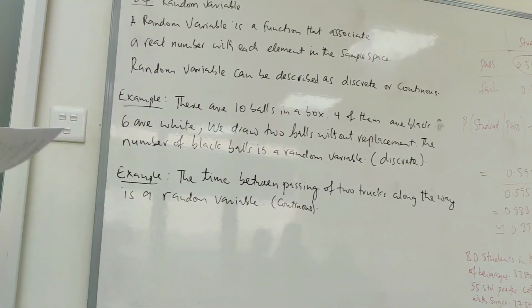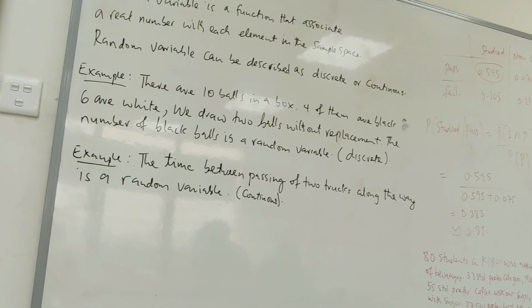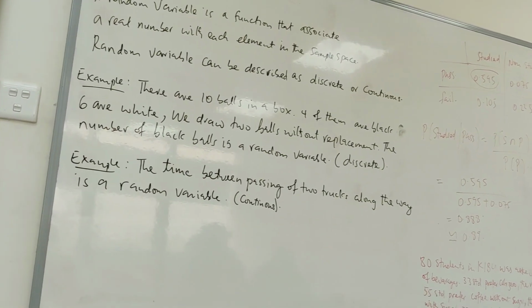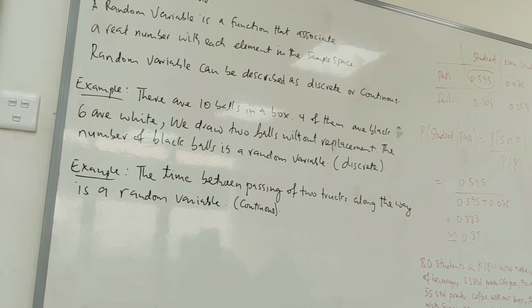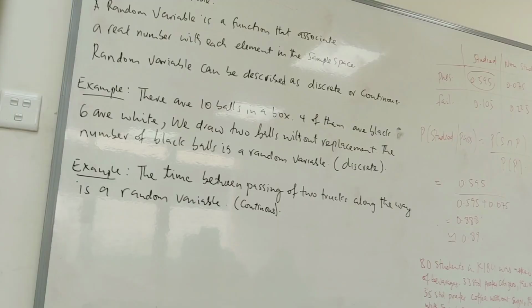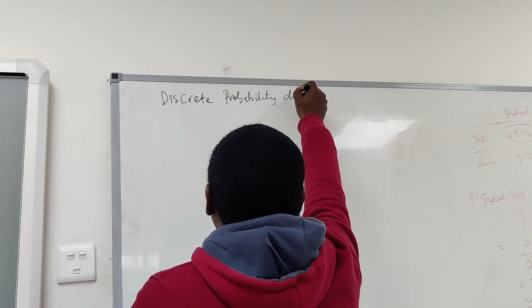So these are examples of continuous and discrete random variable. So I'm going to give you some time to write that down before we move to distribution.